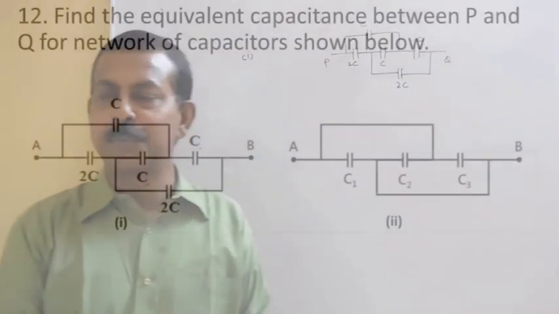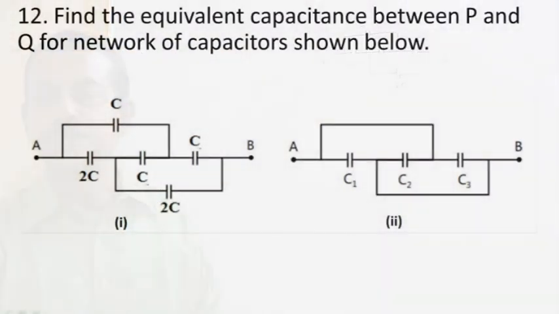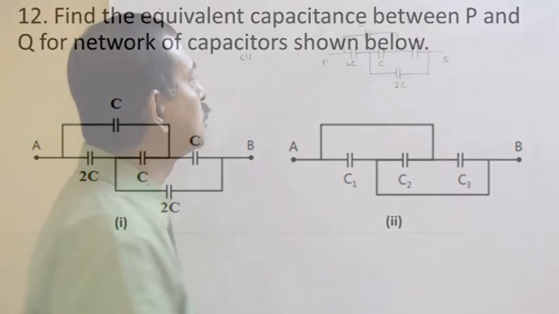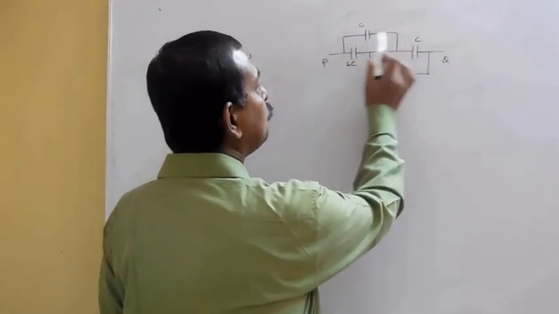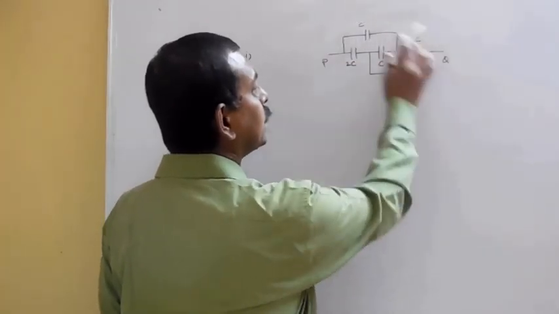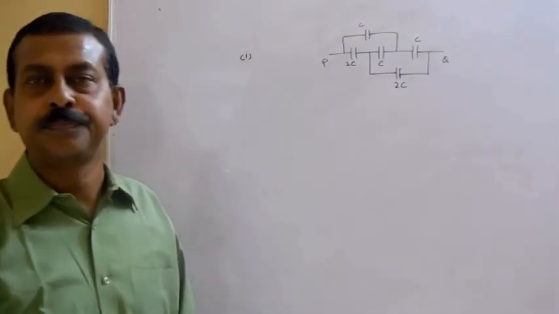Question number 12. Find the equivalent capacitance between P and Q for the network of capacitors shown below. This is the first one, where we have 5 capacitors connected in this pattern.